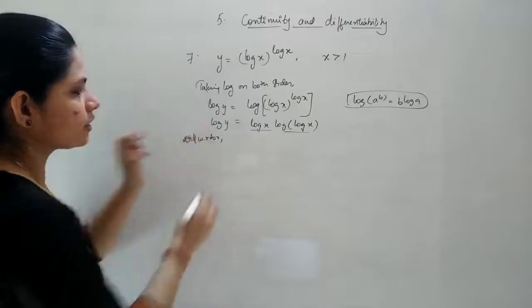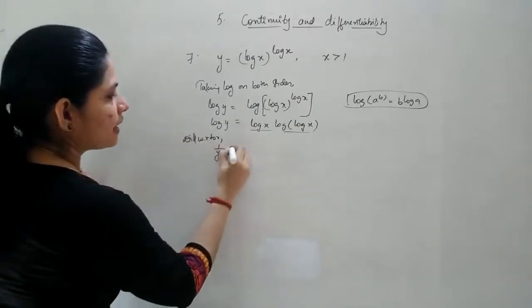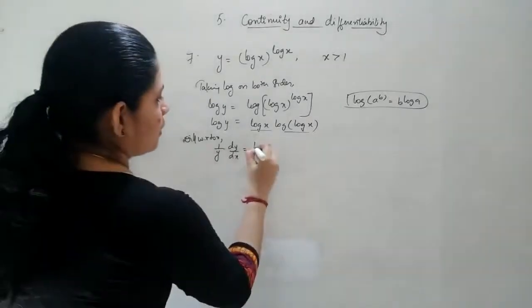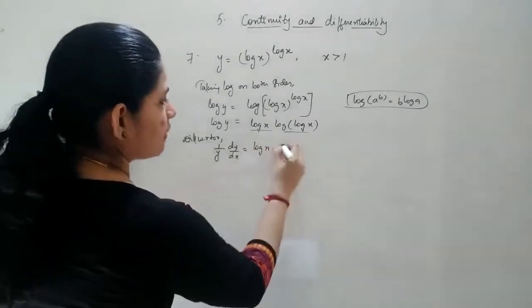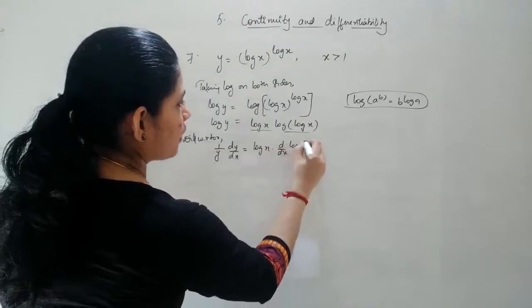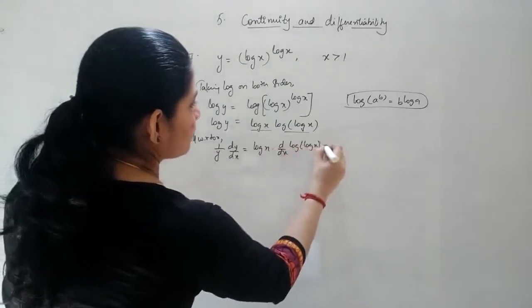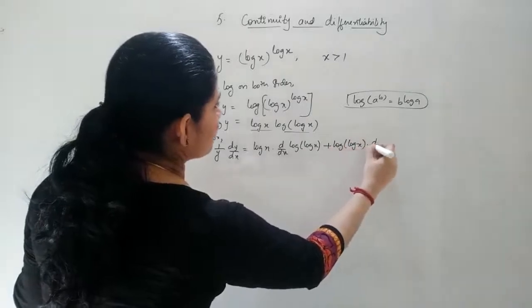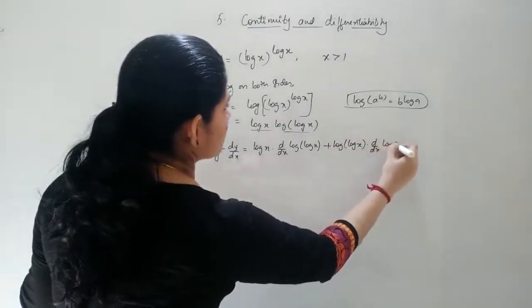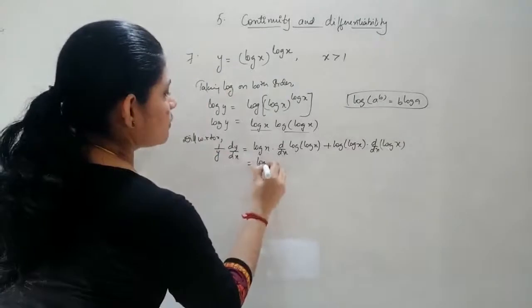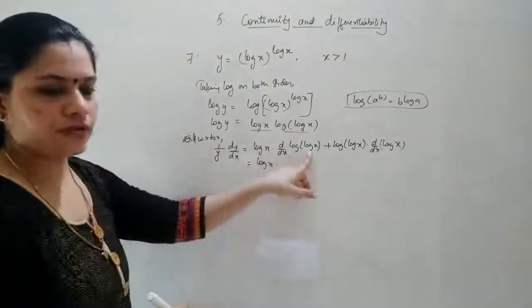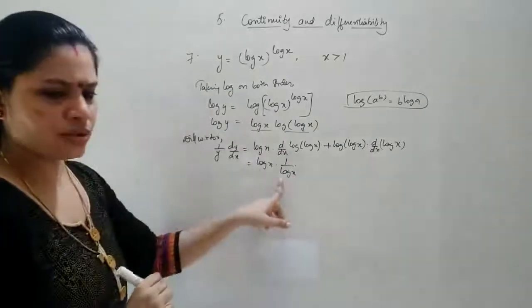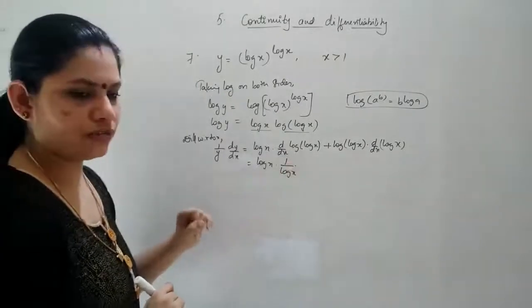So the left hand side becomes 1 by y into dy by dx, which is equal to log x into the derivative of log log x, plus log of log x into the derivative of the first function log x. So this will give you log x into the derivative of log of something, which is 1 by that, and since it is not x, you write the derivative of log x also.